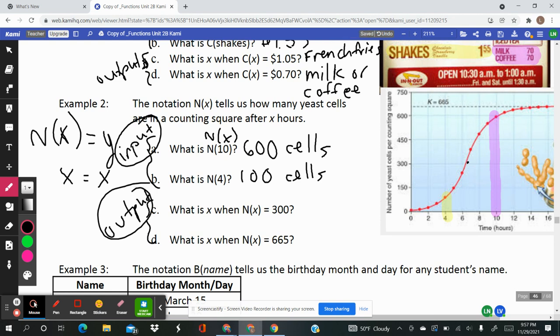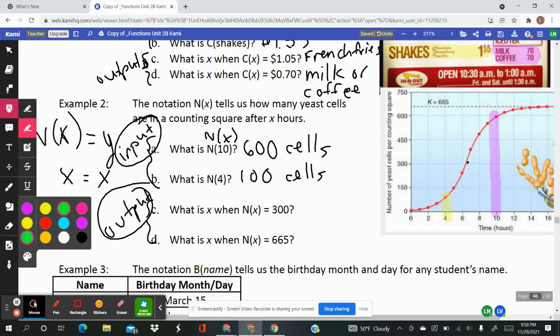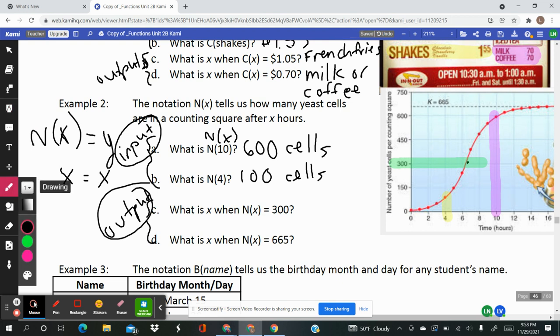So what is x when n of x equals 300? Well, that means that this time I want to go to my y values. And it's going to be right about there. I did add in a little point that's give or take about at, let's say, 6.5 hours. If you said 7 hours, that would work. If you said 6 hours, that would also work.